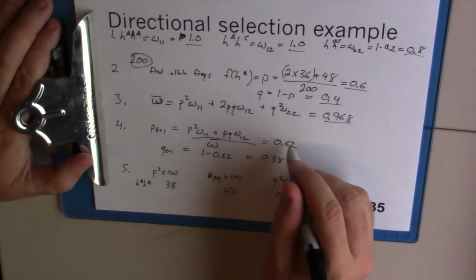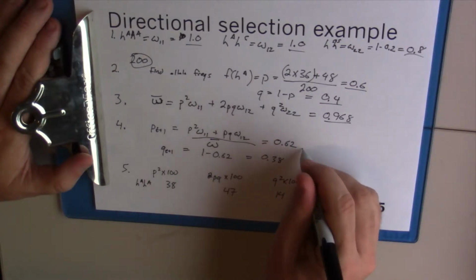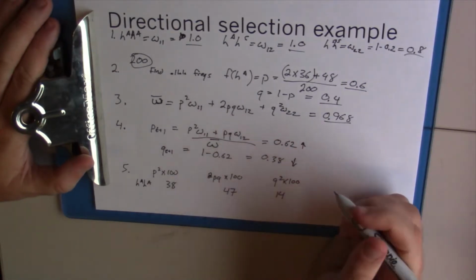And notice that evolution has occurred. The allele frequencies have changed. p has gone up and q has gone down.